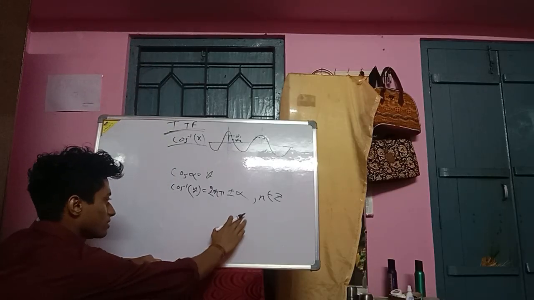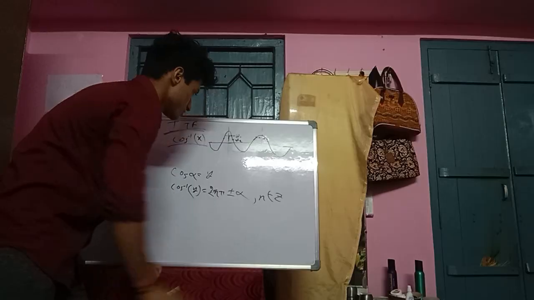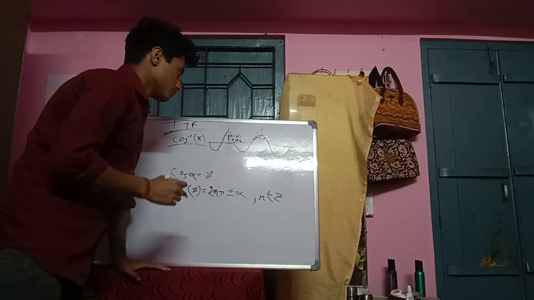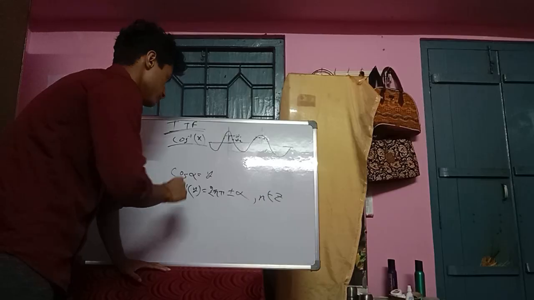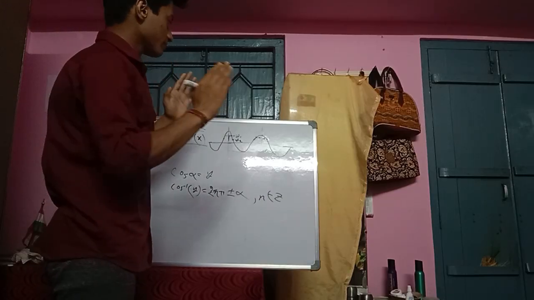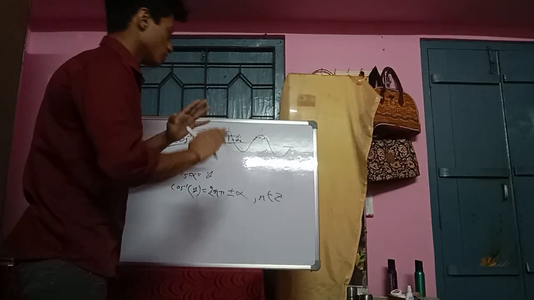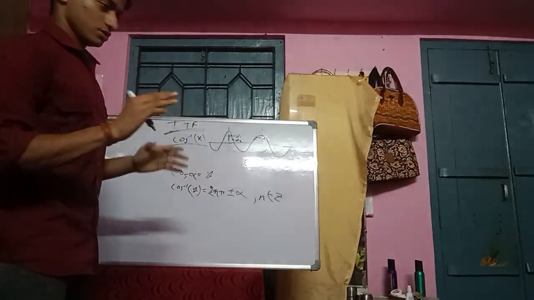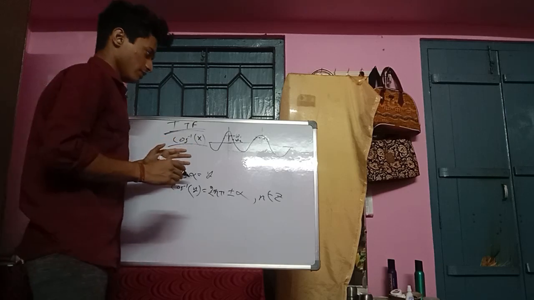Now let's talk about the prime value. In the previous video as well, I told you what the prime value of a cos inverse function is. Prime value is the bare minimum range in which all the possible values can be found.